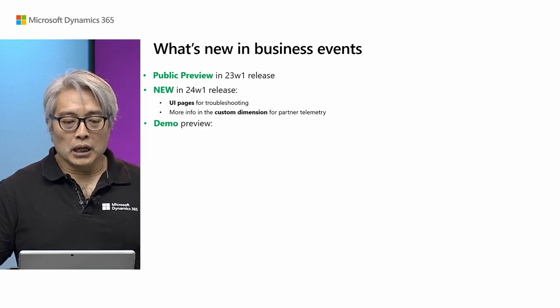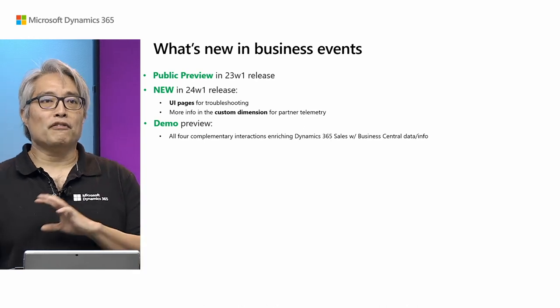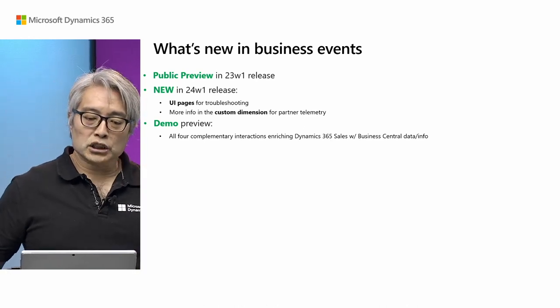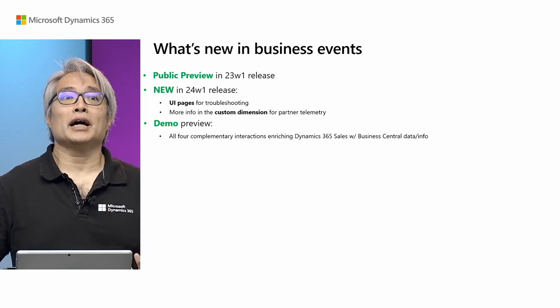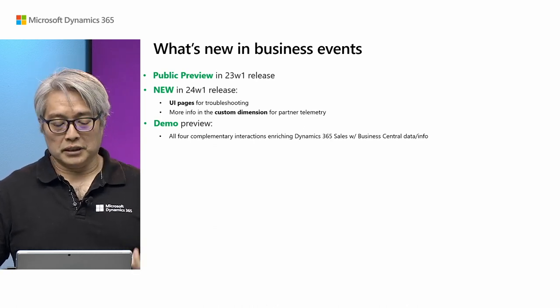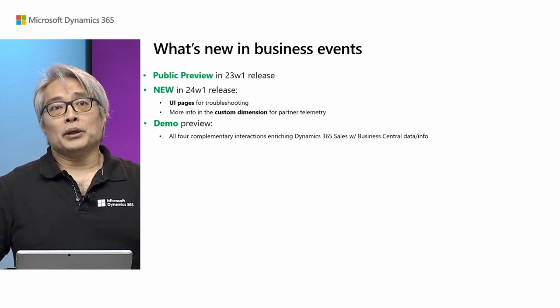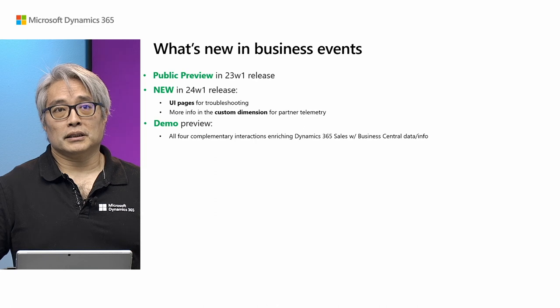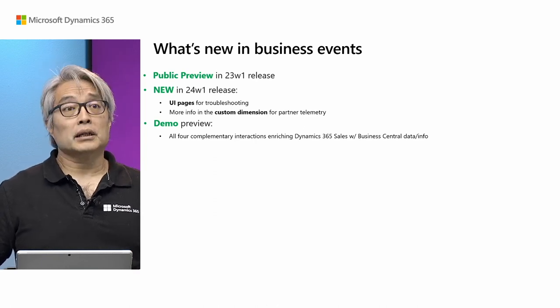In the demo later, I will show the following. I will first show the 4 complementary interactions for Dataverse integration that enrich one of the apps running in Dataverse, in this case Dynamics 365 Sales. We will enrich Dynamics 365 Sales with Business Central data and information.